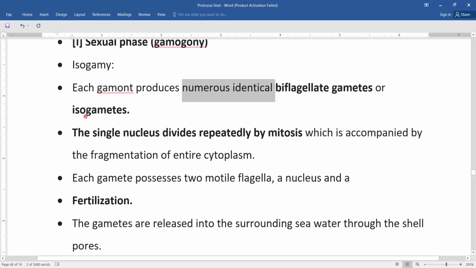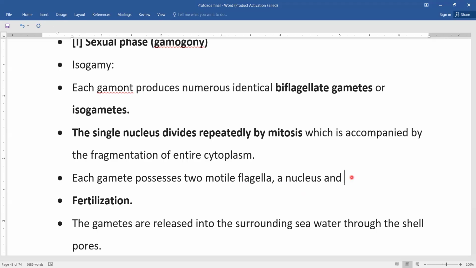They are called isogametes because they are similar. The single nucleus divides repeatedly by mitosis, accompanied by fragmentation of the entire cytoplasm. Each gamete possesses a nucleus, a pair of motile flagella, and a fat globule, which is for nutrition.